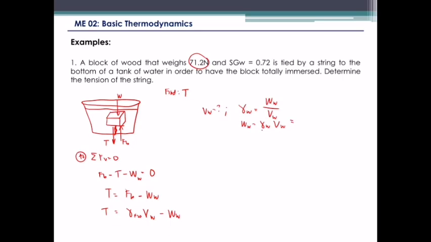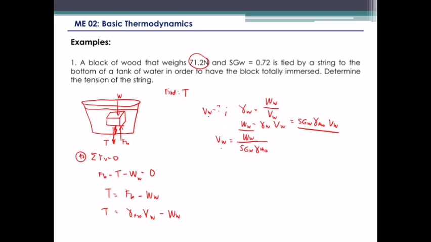Since we don't have gamma of wood, we will use SG of the wood times gamma of water times volume of the wood. What we are looking for is the volume of the wood, which is the weight of the wood over SG of the wood times gamma of water.